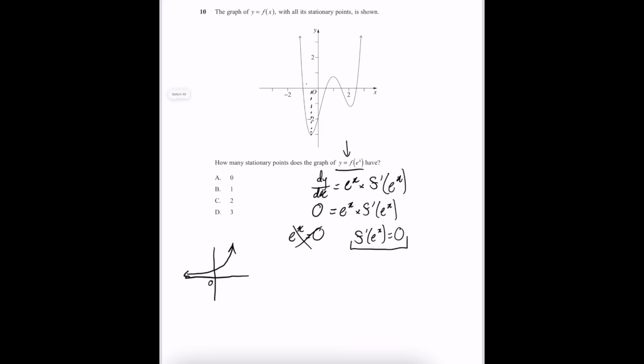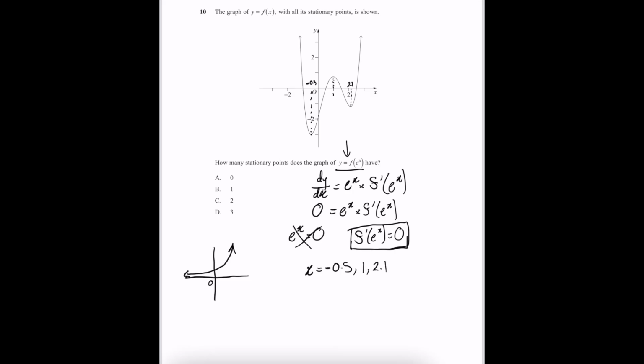So let's call this minus 0.5. We have one here at 1, and we have one here at, let's say, 2.1. So that means for this solution here, if we substitute e to the power of x for just x, well, we have our stationary points at x equals minus 0.5, at 1, and at 2.1.